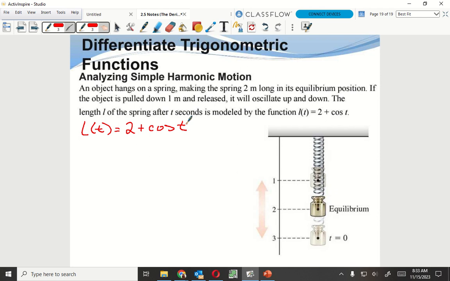Rate of change is the slope, basically. The word I was looking for was derivative. So velocity is the derivative of the position. L(t) is the length according to time. That's the position where it is in a certain time period, where the derivative is going to be the velocity.